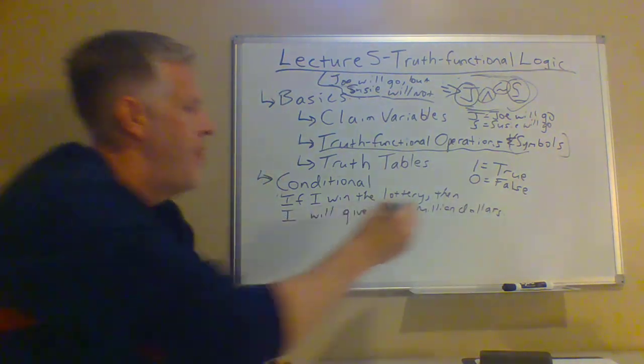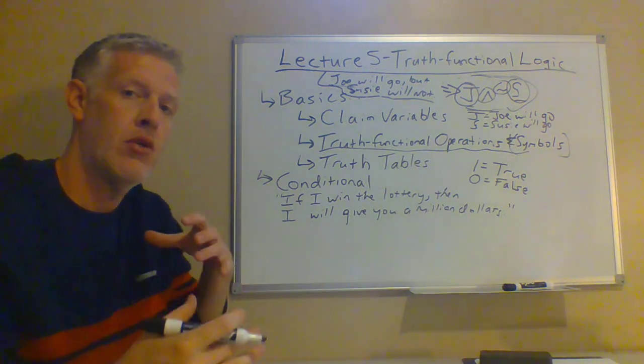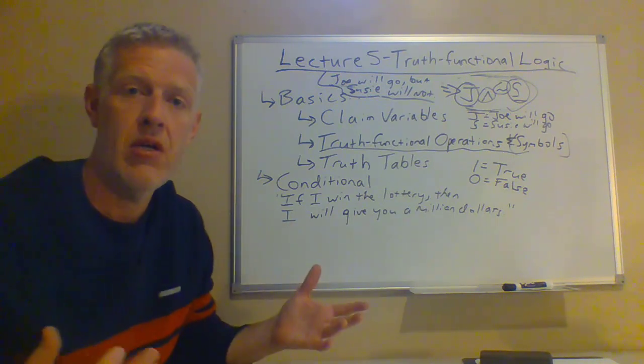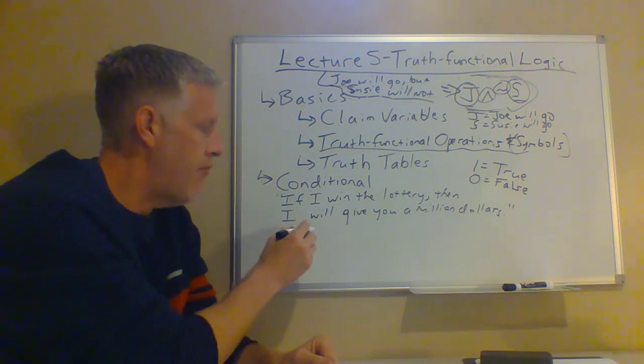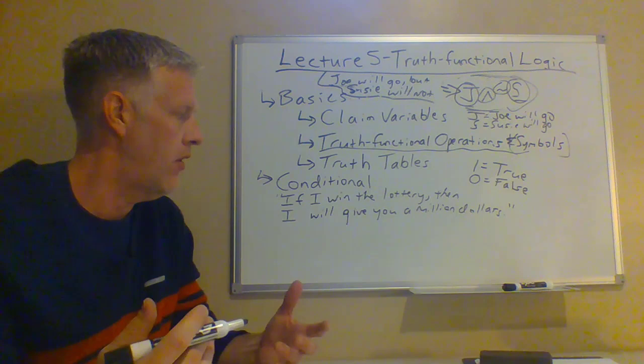This is again a compound claim because there are two constituent parts that can in themselves be true or false. We have this idea of me winning the lottery, or I win the lottery. That can be true or false in and of itself. And then I give you $1 million, right? That separately can be either true or false.